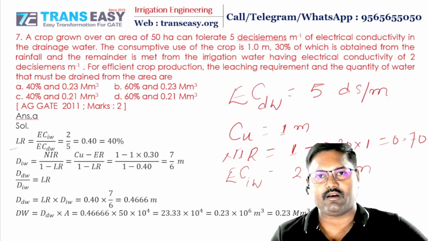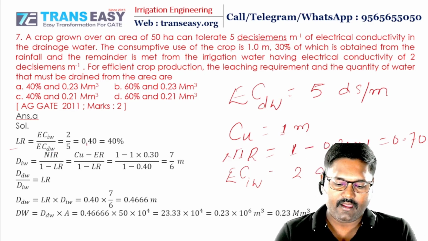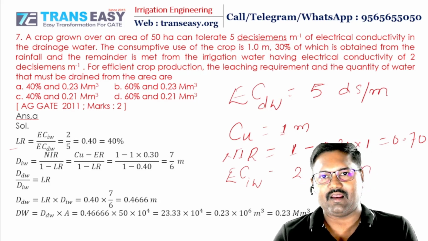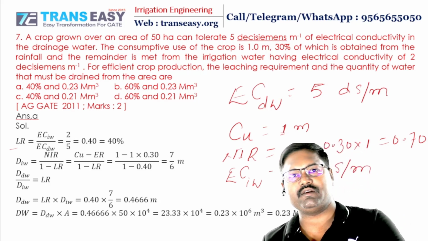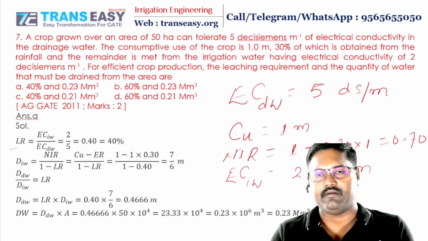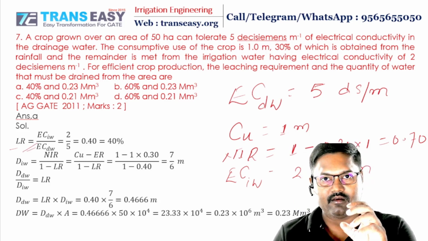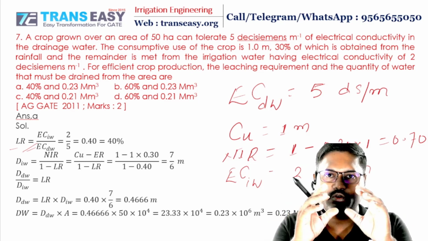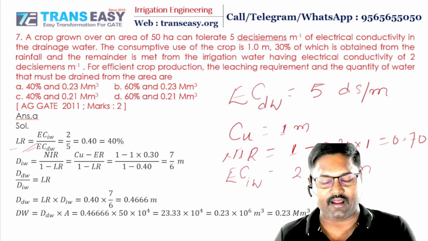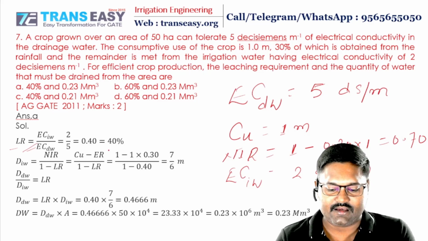Both are given, and there is no information like 90% yield or electrical conductivity of saturated extract, so we will use this formula only. So you know the difference of the two formulas, when to use which. So this is the leaching requirement.